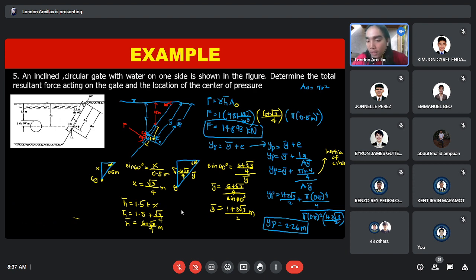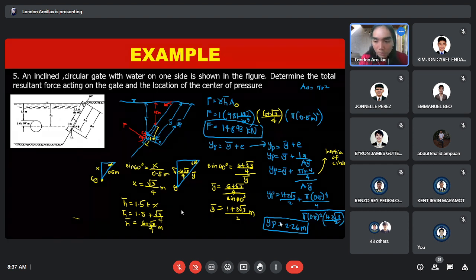So this is the magnitude of the hydrostatic force, and this is the location of the hydrostatic force pag naka-incline. Gets ba? So hanggang doon lang naman tayo.